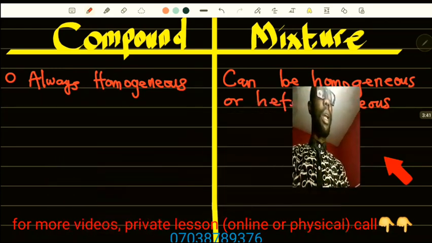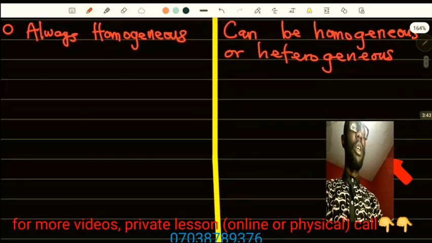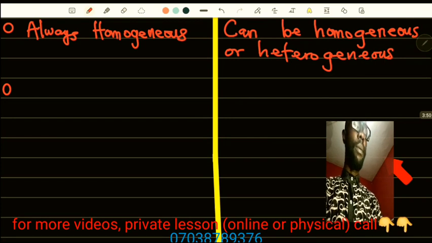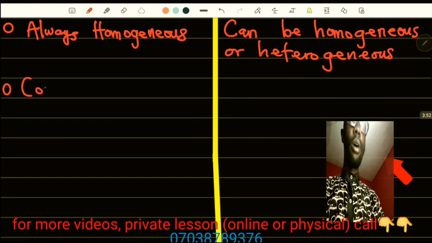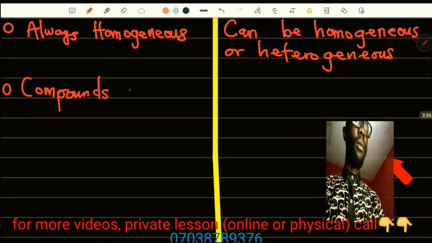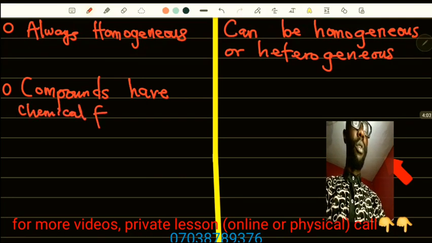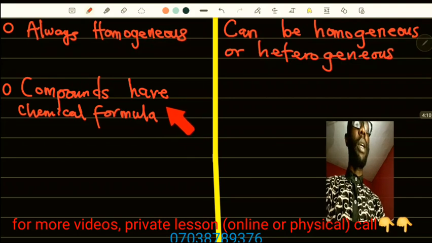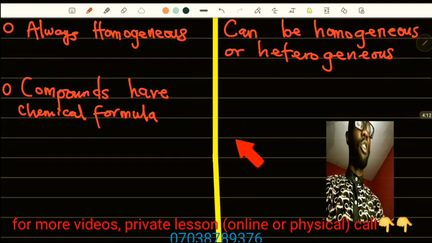Now, another difference between these two is that compounds can be represented with a chemical formula. When a substance is a compound, it always has a chemical formula because it has a fixed mass ratio.